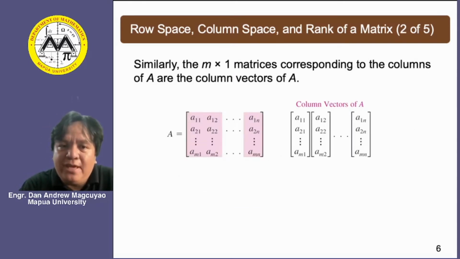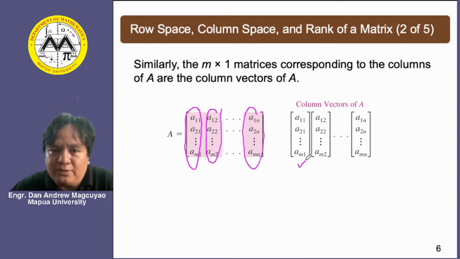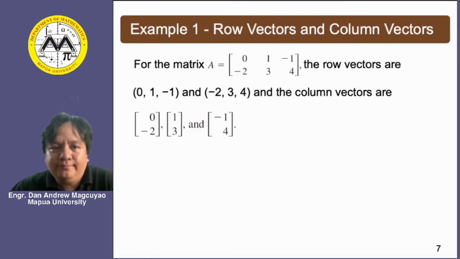Similarly, if we have m by 1 matrices corresponding to the columns of A, these are the column vectors of A. So this time, your vectors are written vertically as columns of the matrix. So the first vector would be this vector, the second one, and the last one.